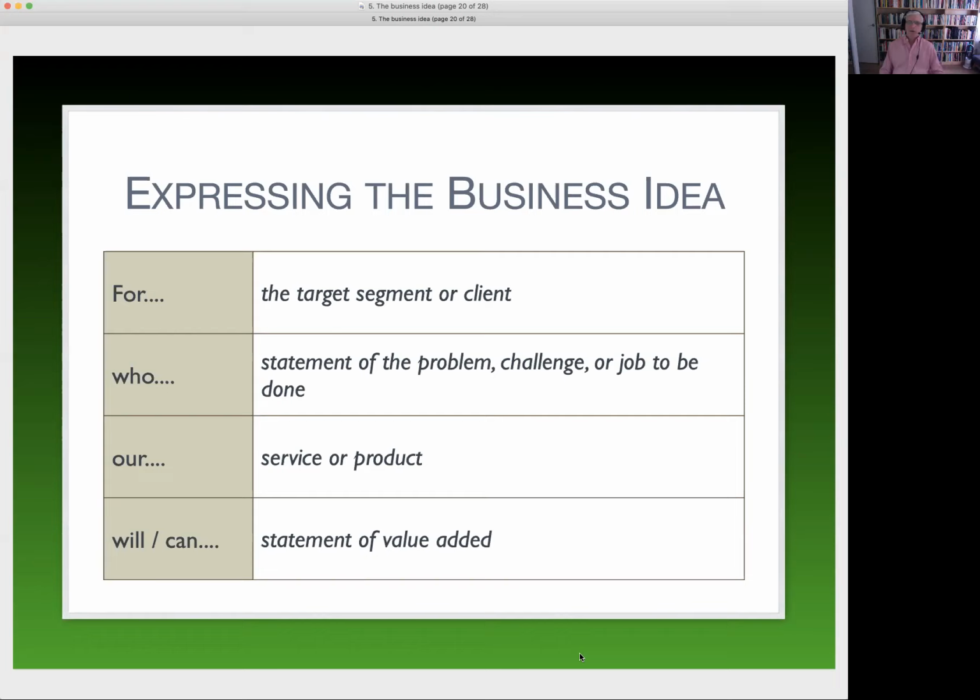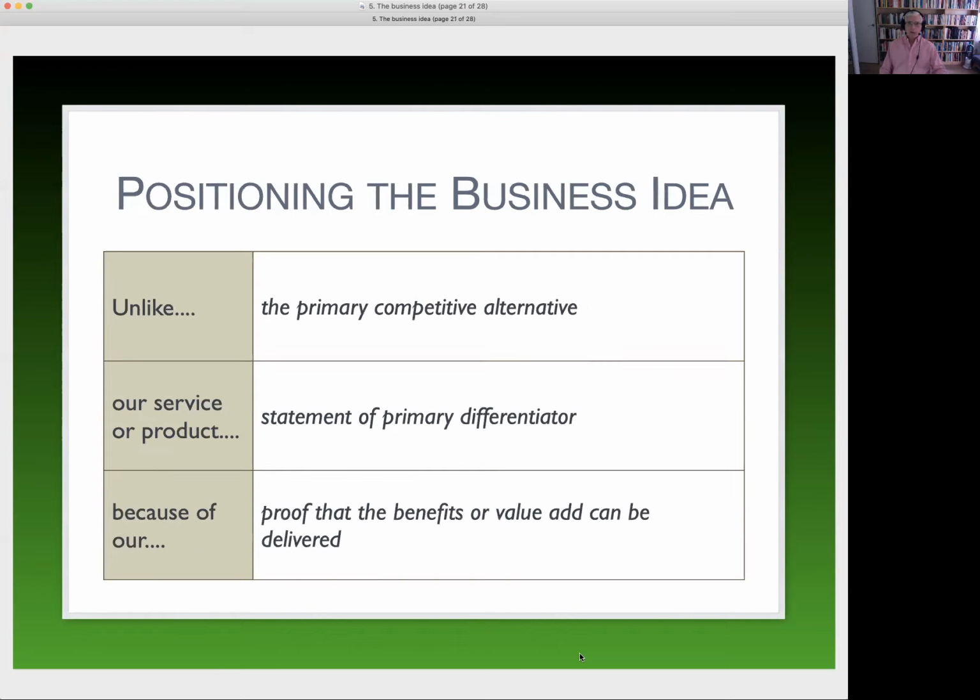That's your business idea. And then, although we're not necessarily interested in this next bit for the moment, if you're thinking about competitive advantage, you can then position your business idea.